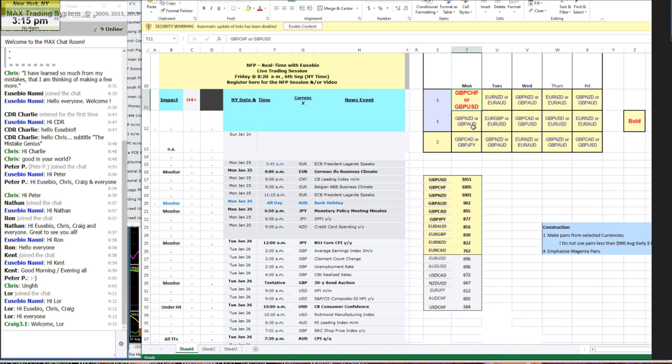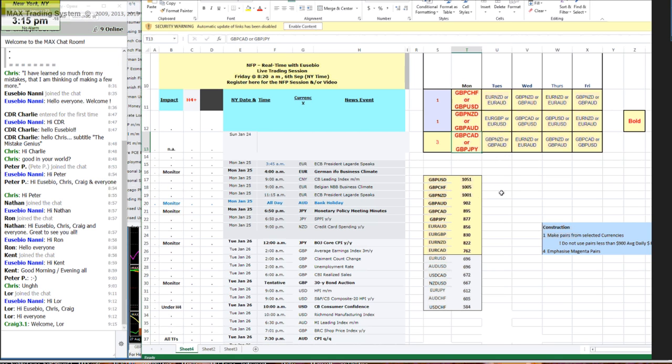Then the pound Kiwi or pound Aussie. And then the pound CAD or the pound yen, exactly like last week. But that's a coincidence. Oh, surely not, Eusebio. There's got to be some grand wizard plotting things in the background.